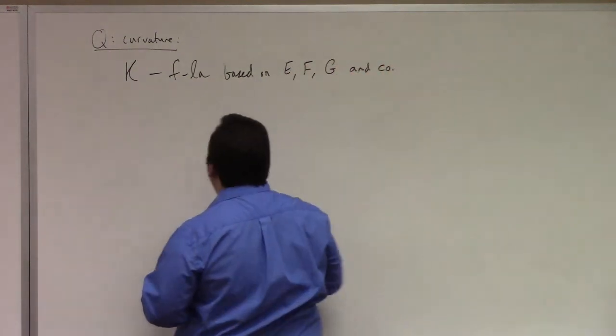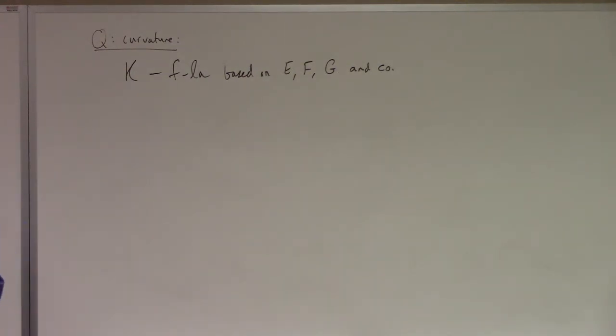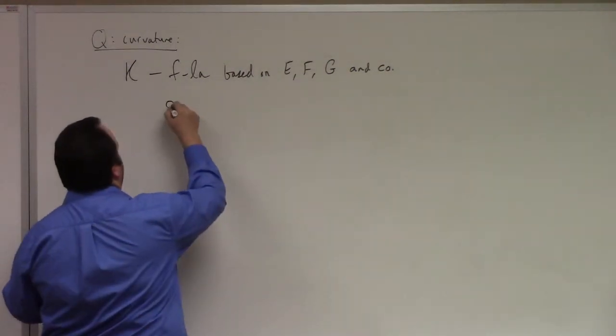Yeah. So the question on that was, is it true that we can write every metric? Because I know you can work it out in the problem at least, where the matrix of the metric is just E, F, F, G. So if you could give a metric, I could write that and then calculate the curvature.